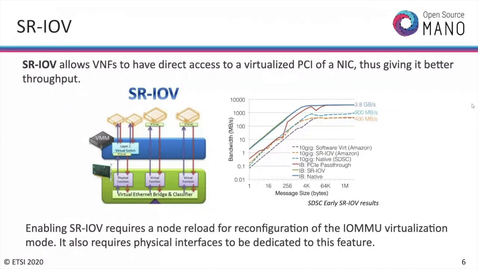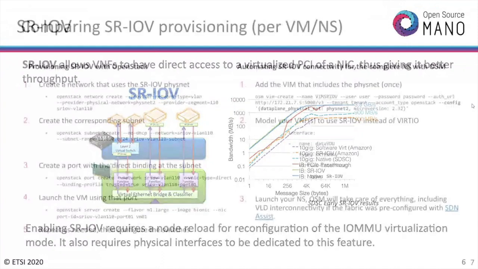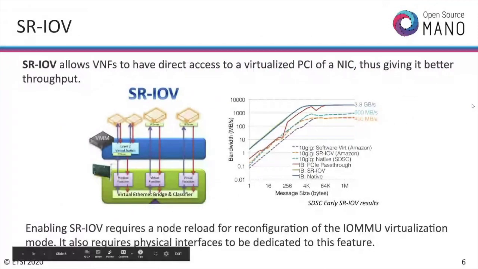So it's a process of configuring SR-IOV to have the server ready for using this kind of technique. And of course, these configurations require a reload or rebooting the node.